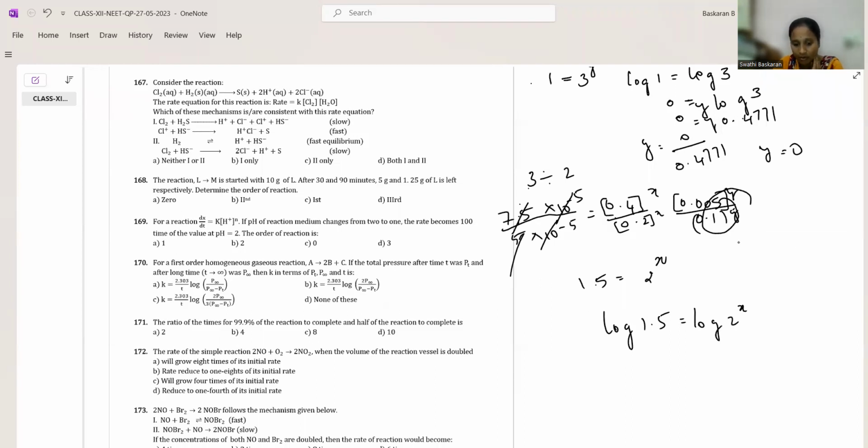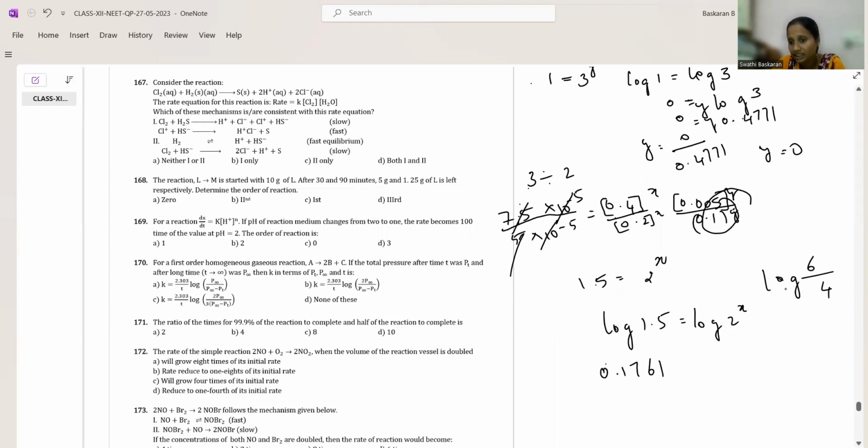Now log 1.5 will be 0.1761. One more method I will tell you: how do you get 1.5? If you divide 6 by 4 and take the log, we know that log a by b is equal to log a minus log b.